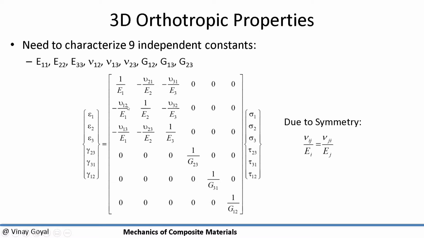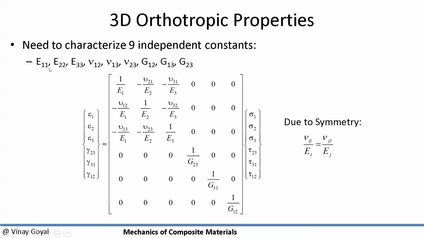The ratio of epsilon 1 to epsilon 2 will tell me a lot about that Poisson ratio. A lot of this can actually be measured. We can measure all these properties, and the relationship of stress and strain we find through material characterization, which is today's lecture. So there are three moduli, three Poisson ratios, and three shear moduli.